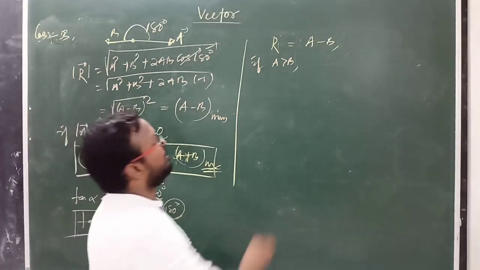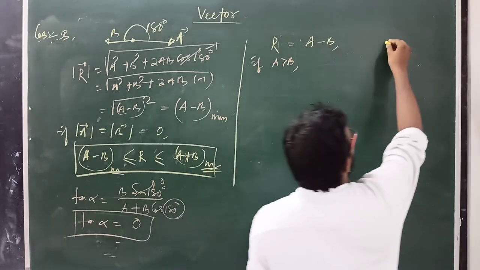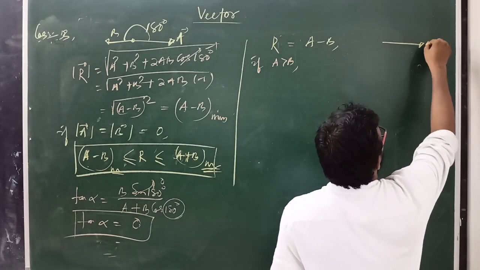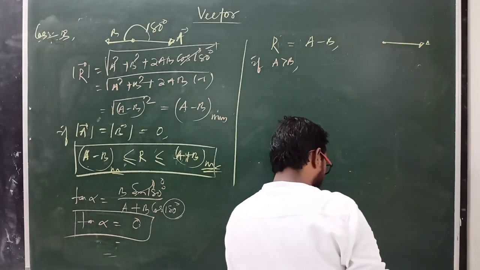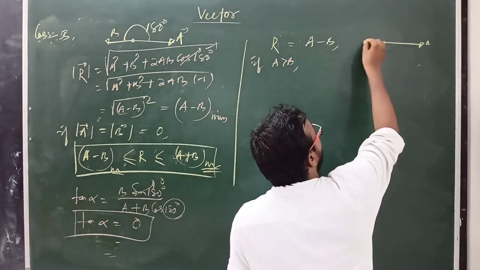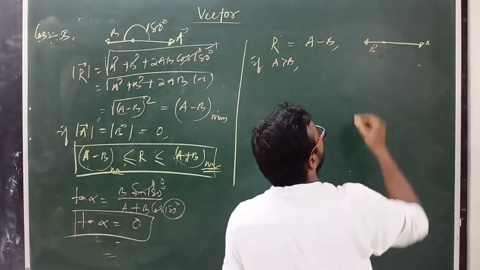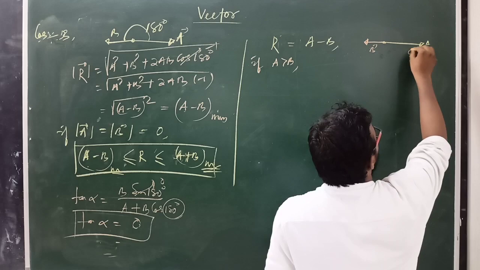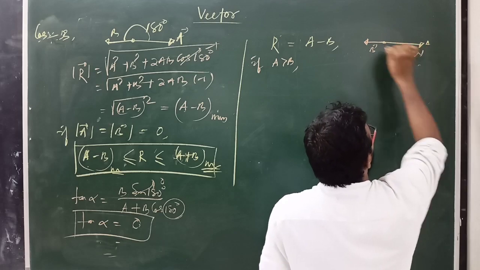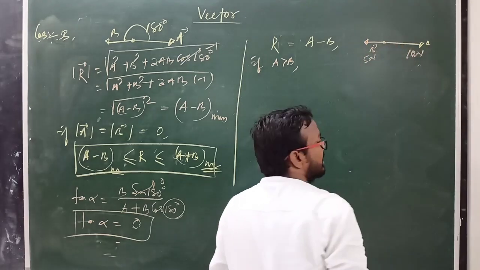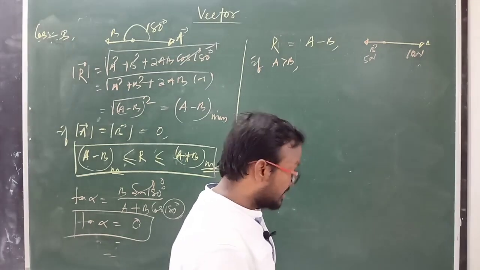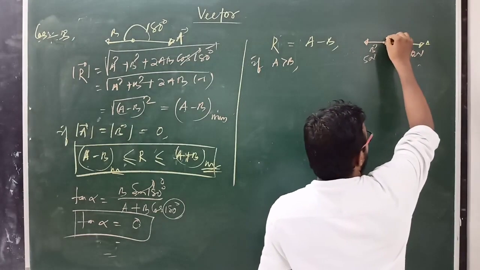So in this case we have to find the value of alpha. Suppose this is vector A and another vector whose magnitude is smaller compared to A, so this is vector B. Clear? Suppose A is 10 Newton and B is 5 Newton. Then the resultant vector will be in this direction.